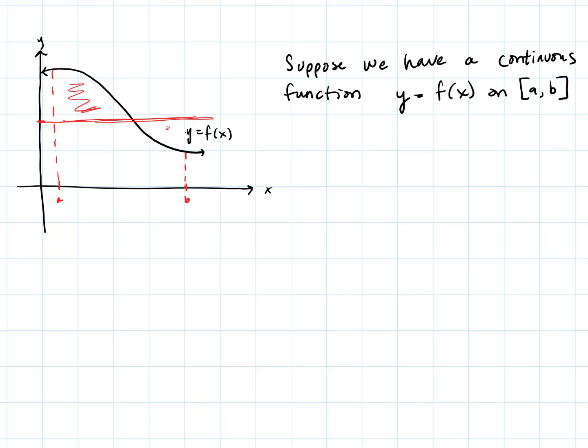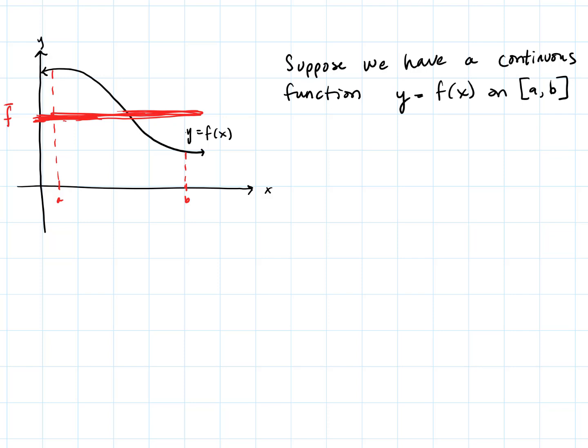Maybe it's a little bit higher, more like right in here would be the average value f bar. That's one way to think of the average value. But if we just think about what would be the average function value on that interval, it's going to lie somewhere between the high point and the low point, and it's going to be the average.